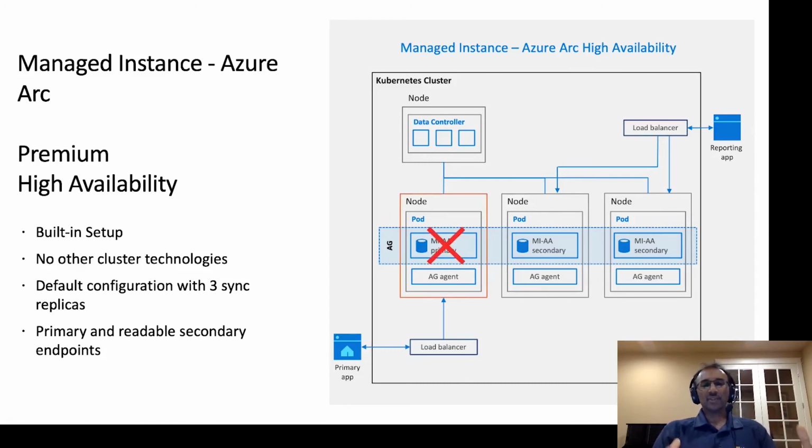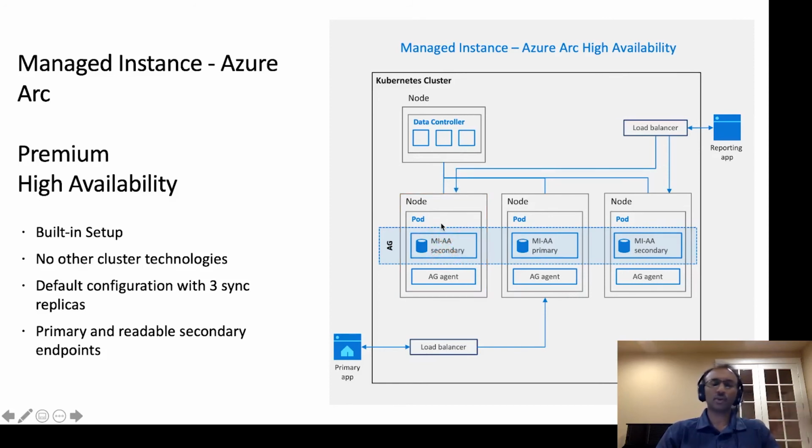Now imagine in this scenario your primary fails. What will happen is we will automatically promote one of the secondaries to primary, which is what happened here. The service will get redirected automatically. The secondary will come up on the same node or a different node, it doesn't matter.